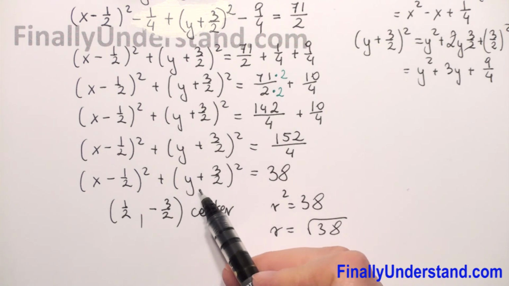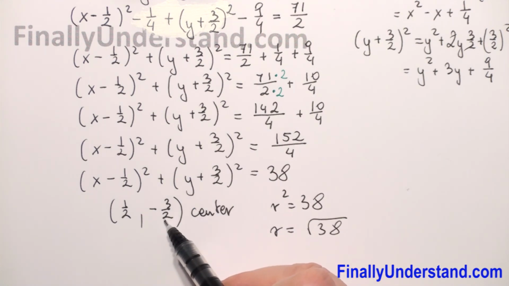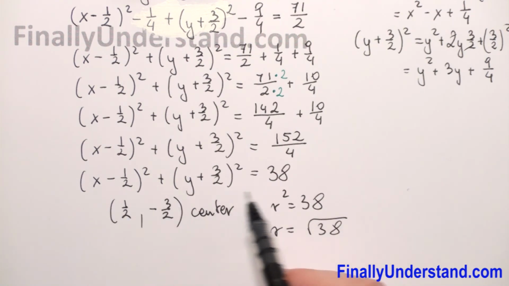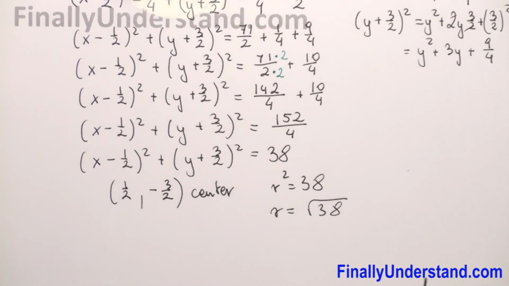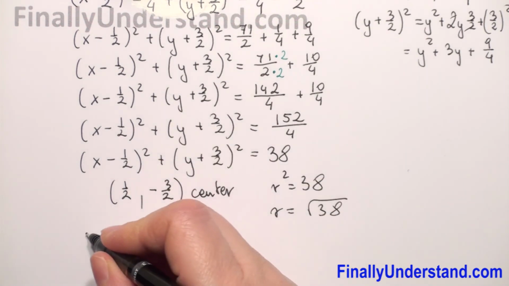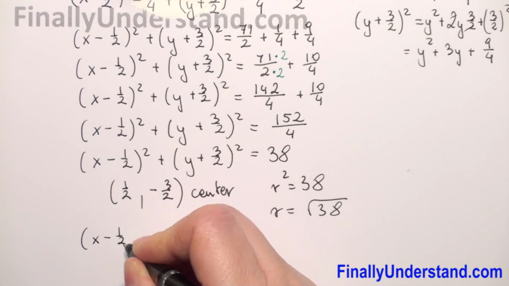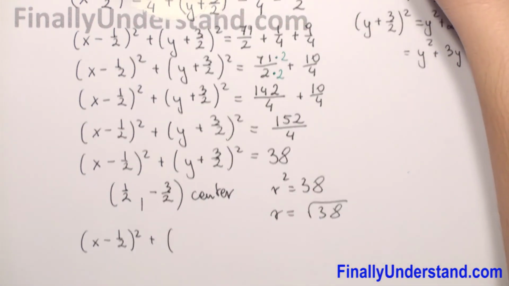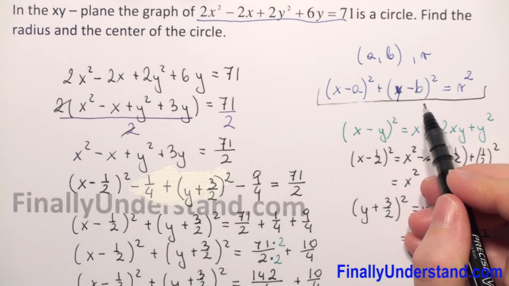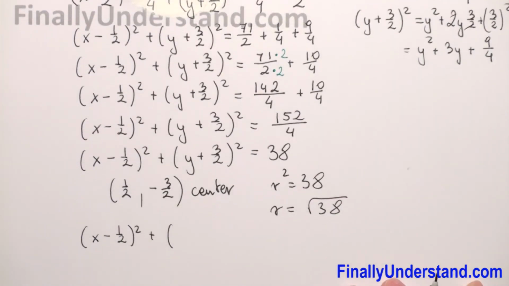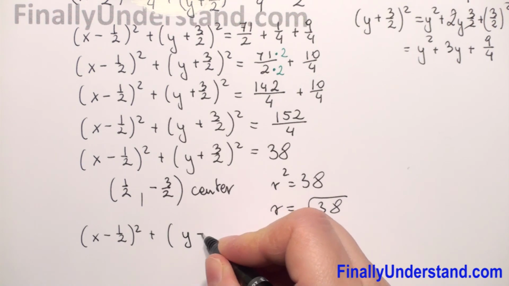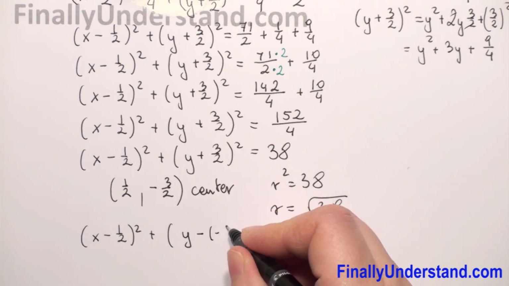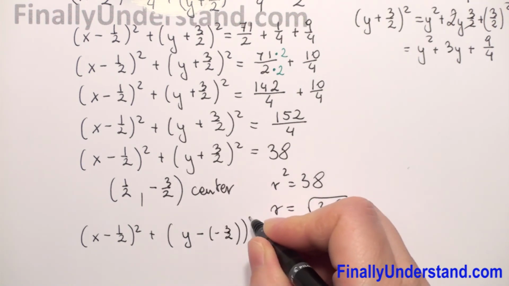If you don't see the second coordinate of center, we can rewrite one more time our equation. We have x minus 1/2 to second power plus, and we can rewrite, because in general form we have y minus b, so I can write that this is y minus negative 3/2 to second power.